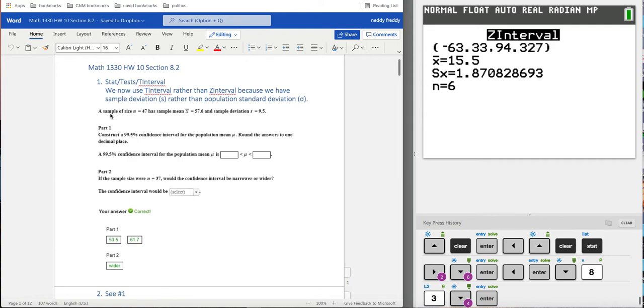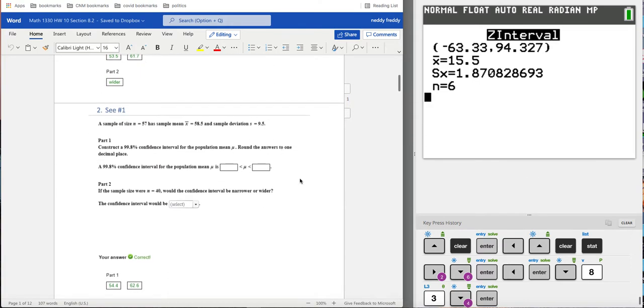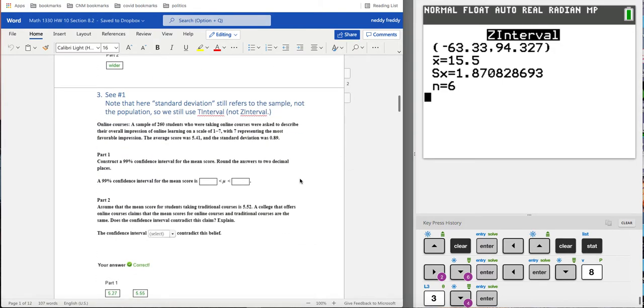So if the numbers are given like this and it says sample deviation S equals, that S is a really good key to know that it's going to be a t interval rather than a z interval. And so here we've got S as well, but some of them later on, it's not quite that obvious.